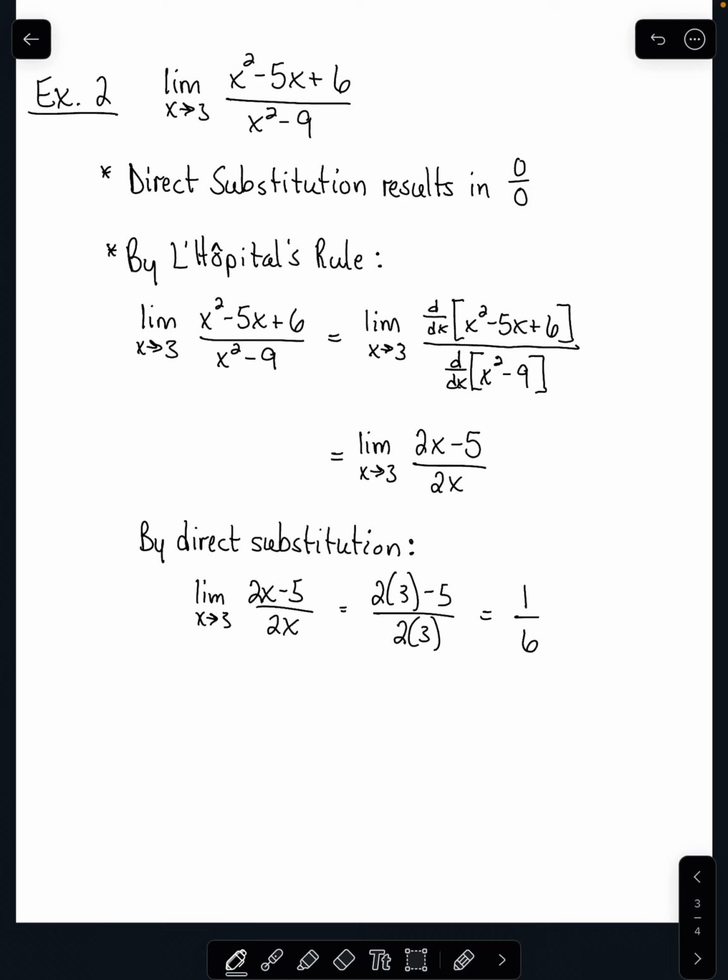This is an example to show that L'Hopital's rule does indeed produce the correct results. Now you might say, well, why would I need a new method if the old method worked just fine? Well, because sometimes there are functions that do not have an equivalent algebraic form that is achieved quite so easily as by factoring.